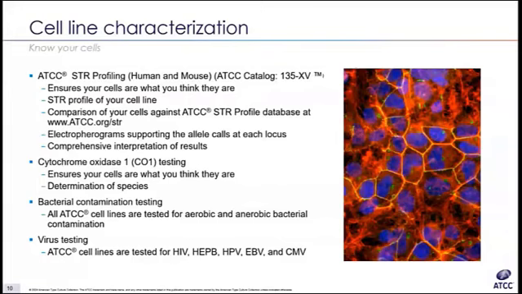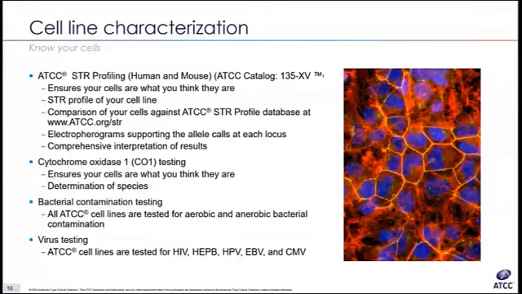For cell lines which are not human or mouse, the identity of these cell lines can be verified to the species level. This is done using a PCR test to amplify the cytochrome oxidase 1 gene. And this allows for determination of species and gives confidence that the cells you're working with are the expected species and are not cross-contaminated with another species.